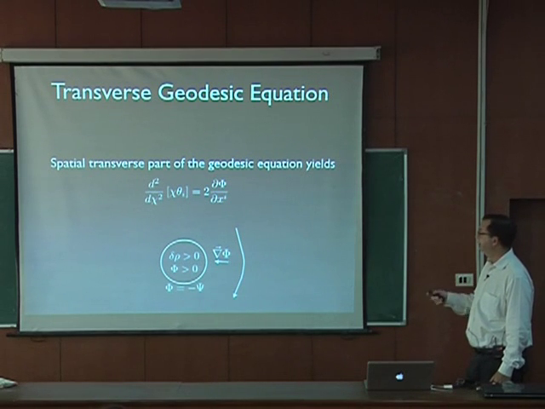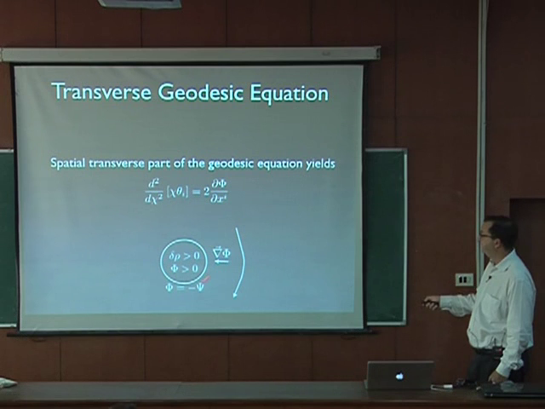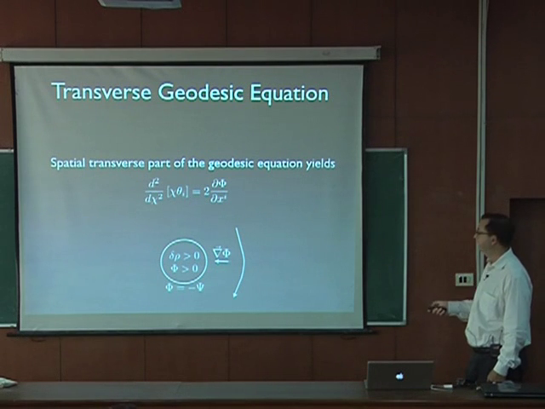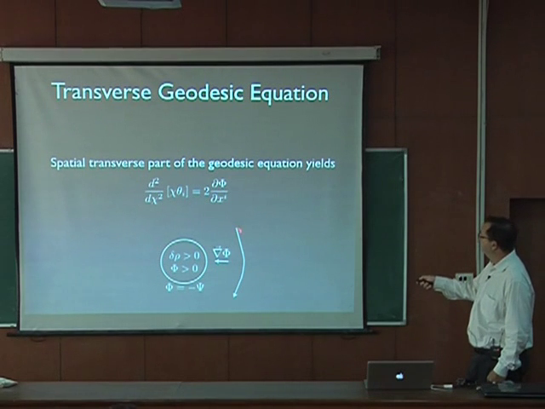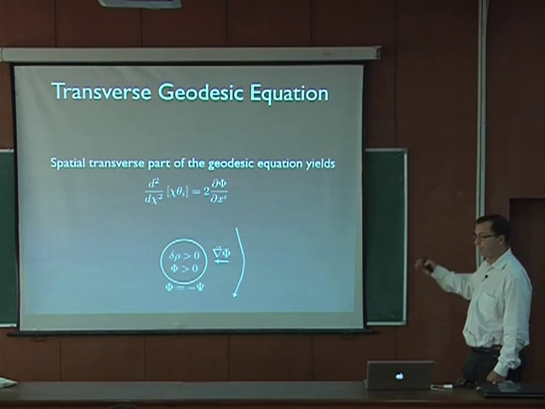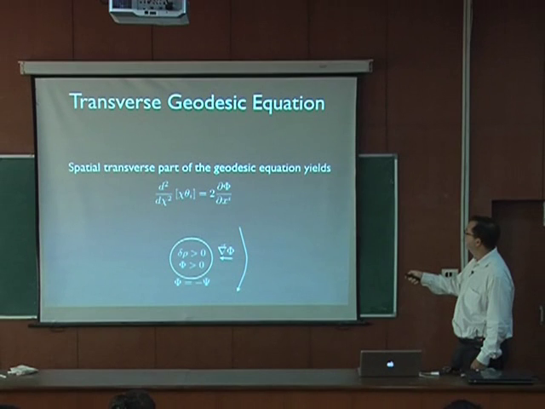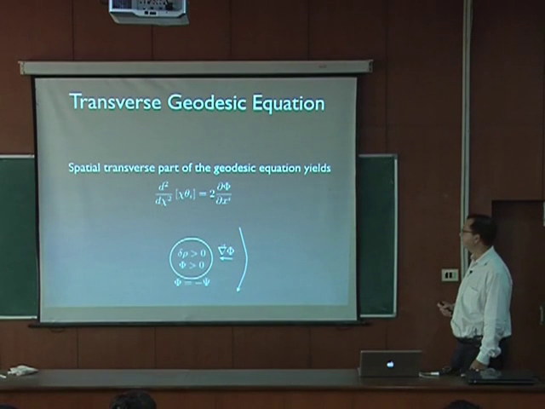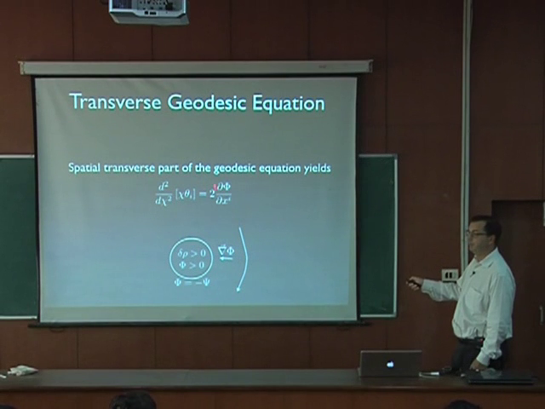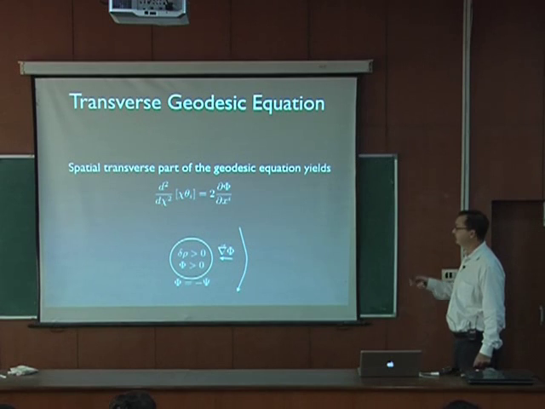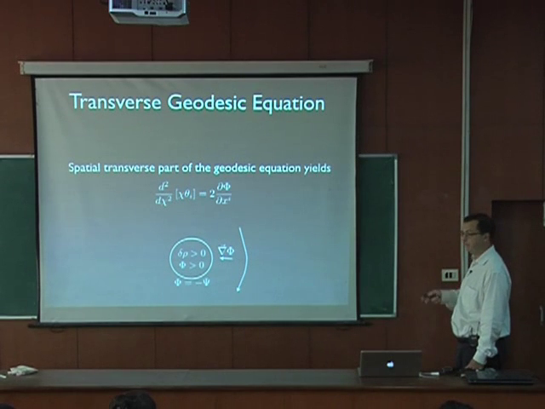Physically, if you have, say, an overdensity here, which could be the lens, then the photon feels a transverse acceleration, perpendicular to the line of sight, equal to 2 times the gradient of the potential phi. And you see this famous factor of 2 emerging here, which is the difference between Newtonian gravity and general relativity.